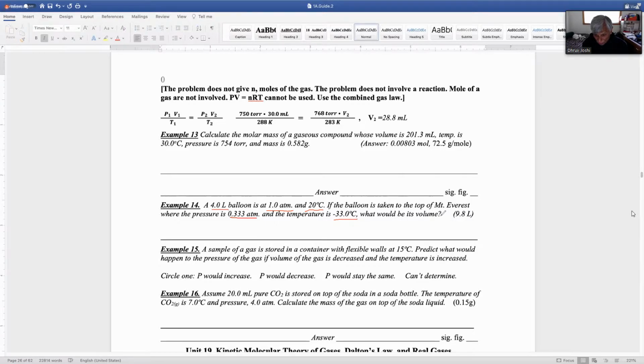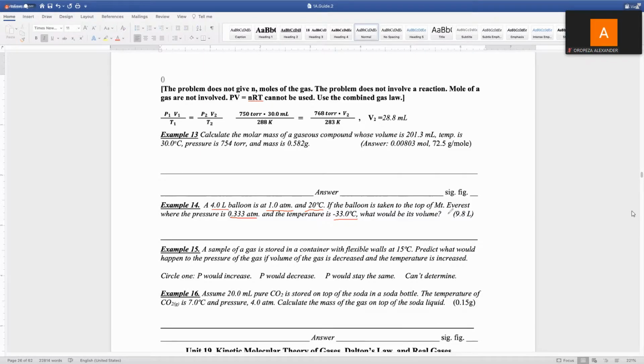What would be its volume? Now, what are we going to do? Are we going to use the ideal gas law or the combined gas law? Do we see the mention of moles anyplace?